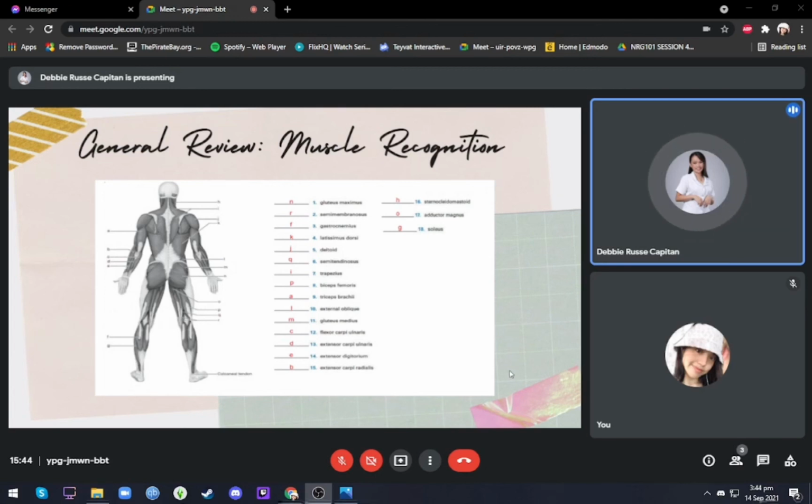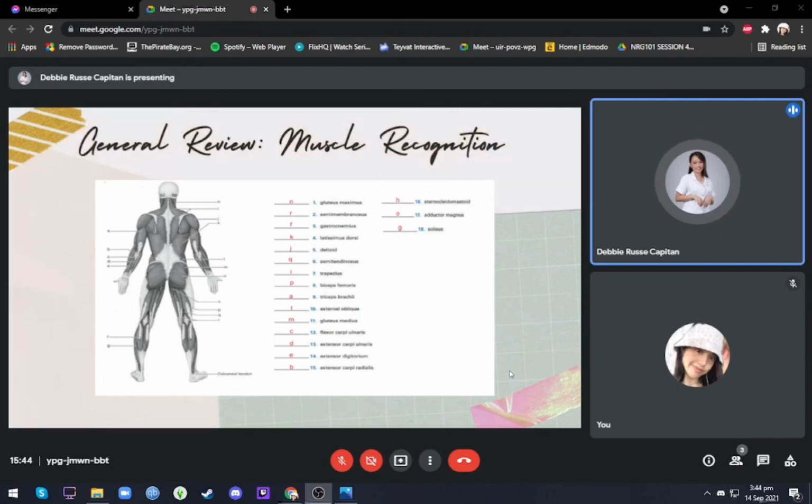While the gluteus medius is letter M, the flexor carpi ulnaris is letter C, the extensor carpi ulnaris is letter D, the extensor digitorum is letter E, the extensor carpi radialis is letter B, and the sternocleidomastoid is letter H, the adductor magnus is letter O, and the soleus is letter G.